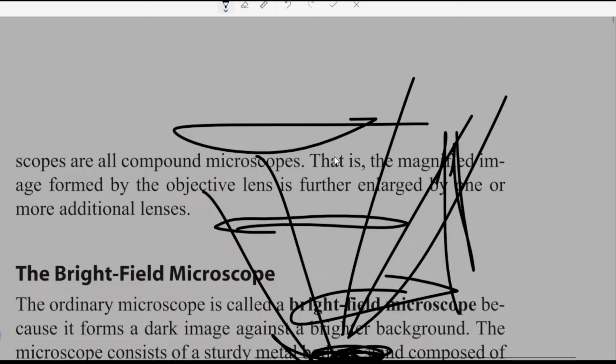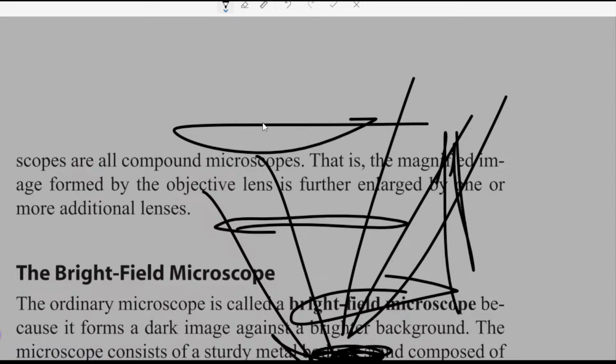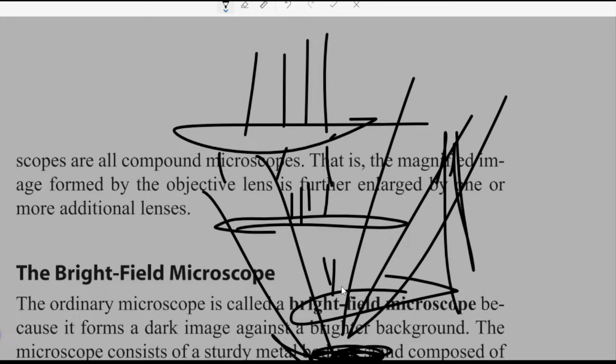Which condenser will have more light? Of course this condenser, because there is a large amount of light here. While in this one the light is narrower, and this one even narrower. You know what I'm saying? This is more condensed light, and these are splattered across all the areas.